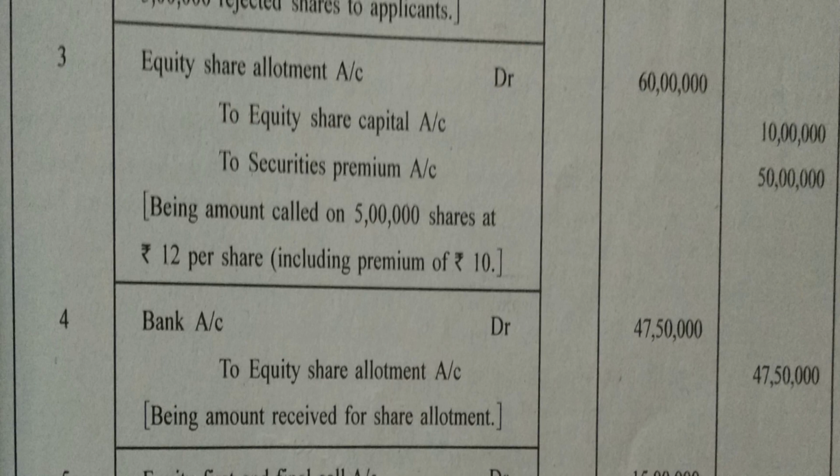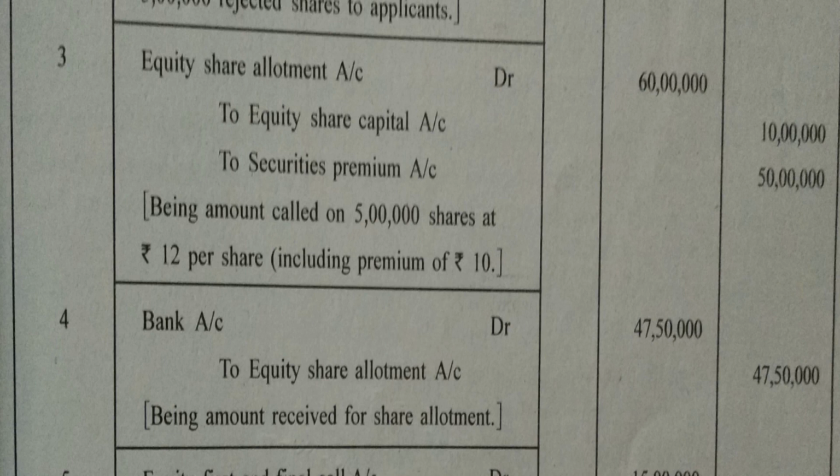I am going a little bit slow in this explanation. So if you want to write down the calculation, 5 lakh into 2 into equity share capital account, you can. It becomes easy to understand. Further, to securities premium account, 5 lakh into 10, which gives you 50 lakh rupees. Alright?